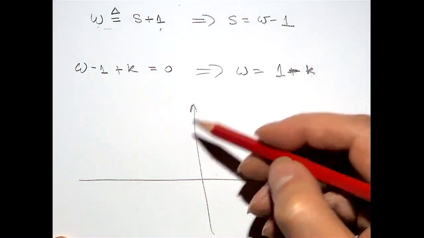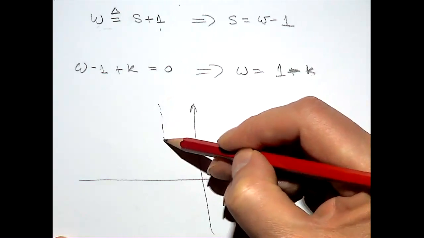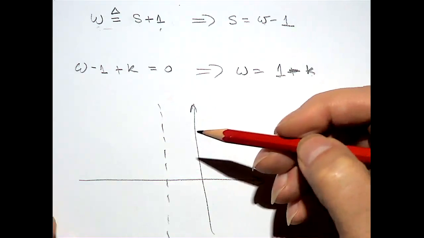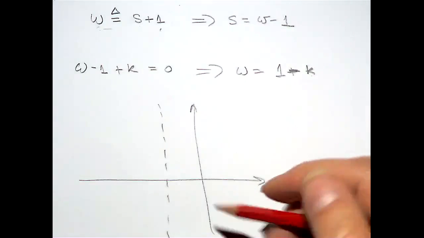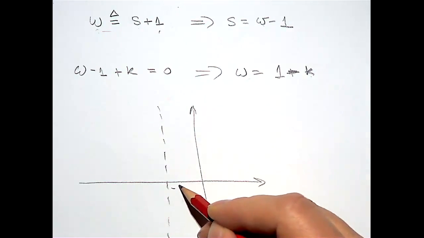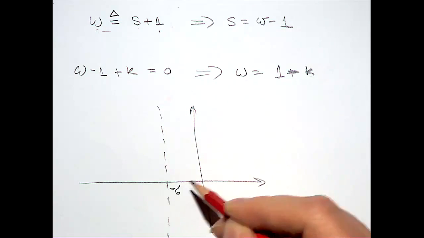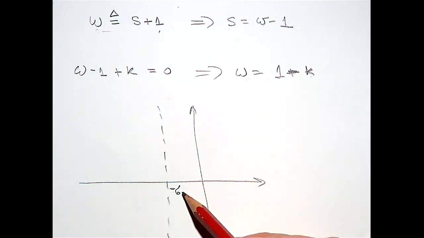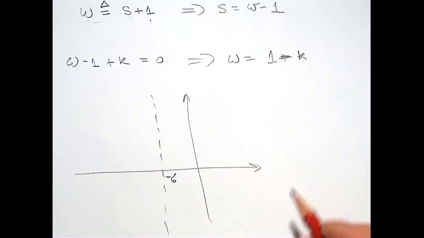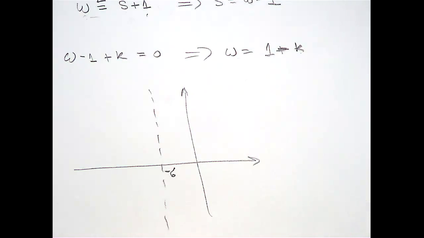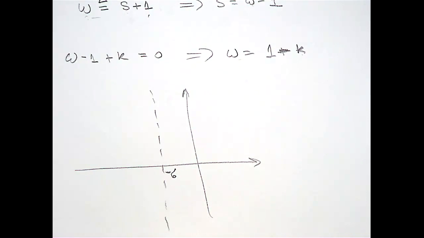Why is this significant? Suppose that I want to put all the poles to the left of some line which intersects the real axis at minus sigma. What I can do is introduce s, which is related to some w plus something.